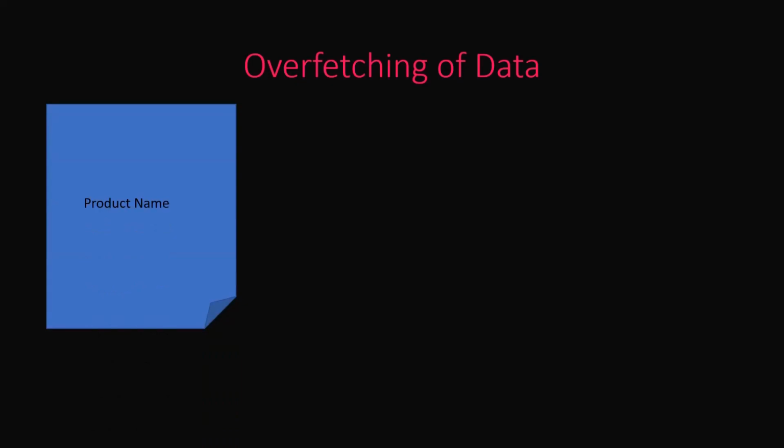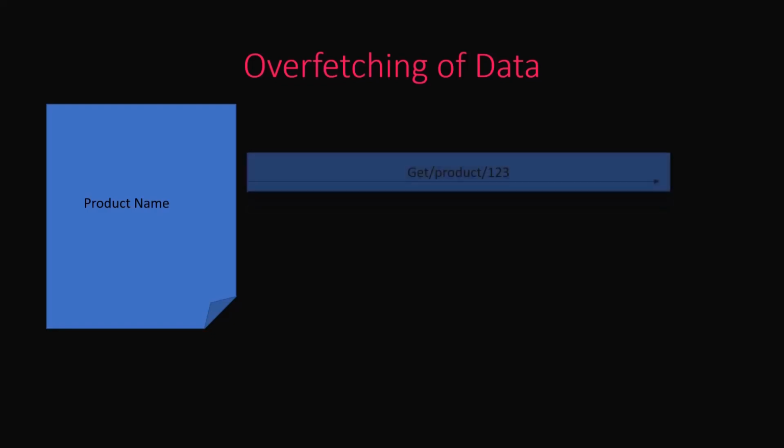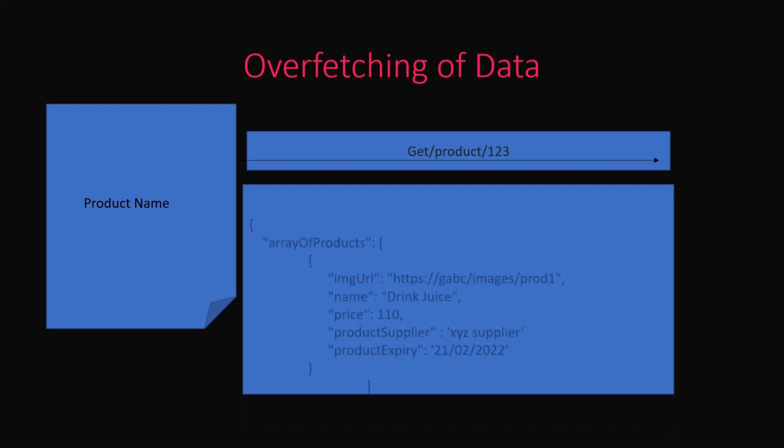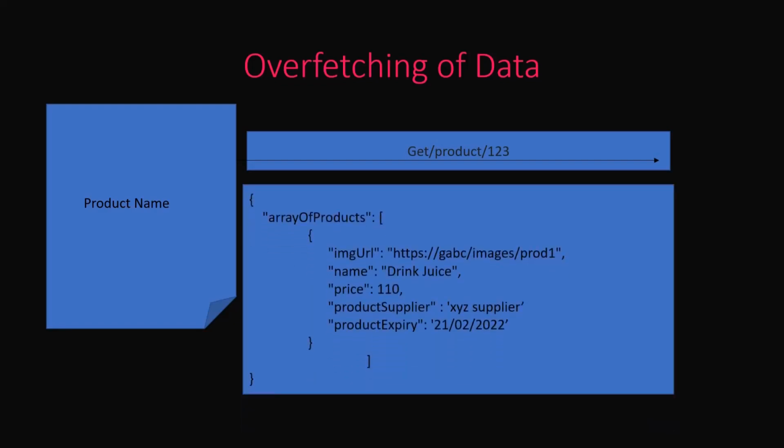To fetch this product name, I'll be making a GET call as GET /product/123. This GET call fetches certain details related to the product, such as image URL, name, price, product supplier, and product expiry. If you look at this data, we only needed the product name. The rest of the data is superfluous.